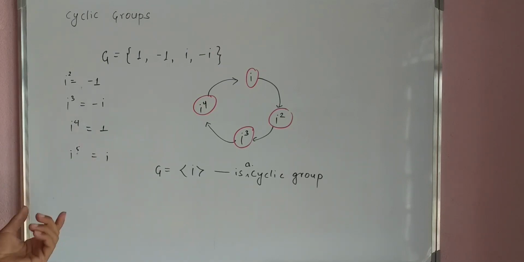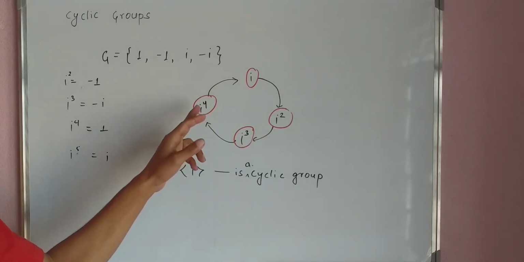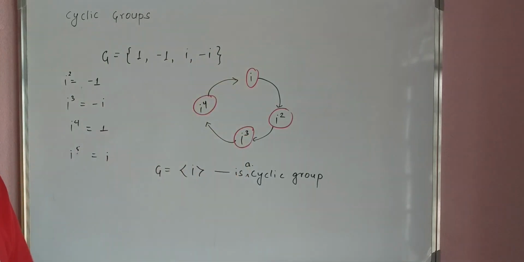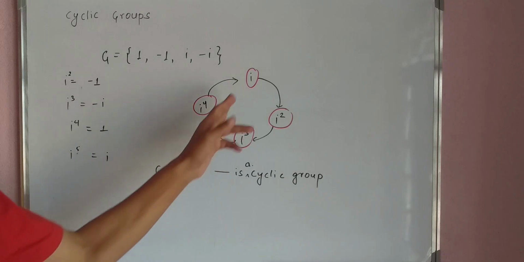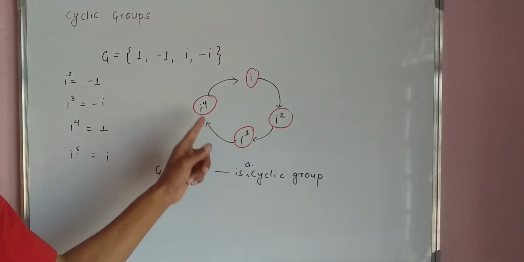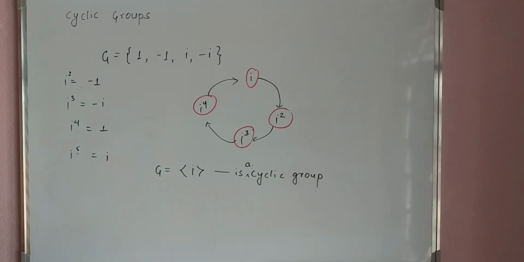Let us present this situation in a diagram, and we have i squared, i cubed, i to the power 4, and i to the power 5 is again i. So this gives a cycle, and therefore this group is a cyclic group, and therefore G is a cyclic group.